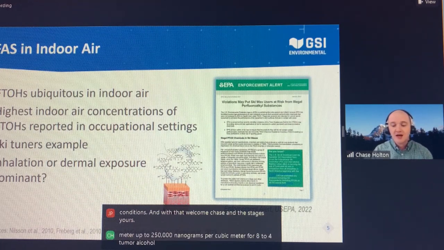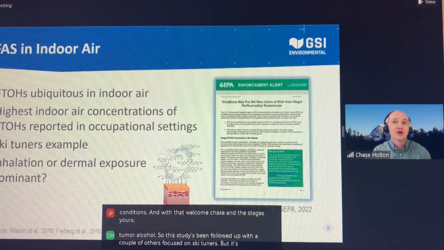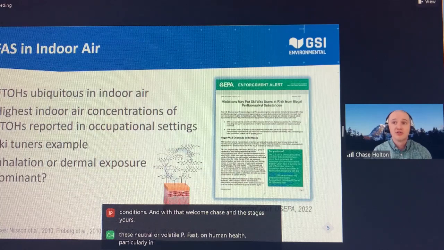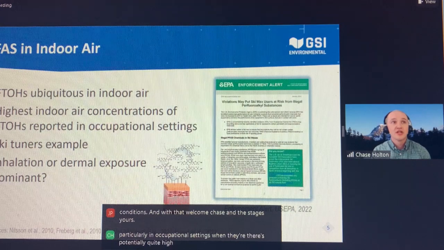This study has been followed up with a couple of others focused on ski tuners, but it raised concerns regarding the potential impact of these neutral or volatile PFAS on human health, particularly in occupational settings where there are potentially quite high concentrations.